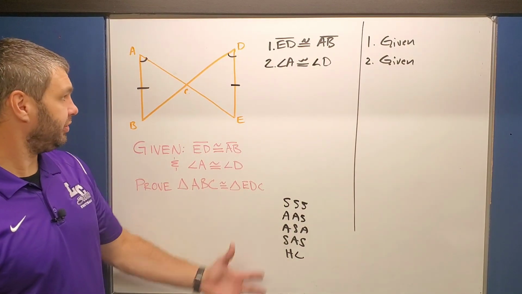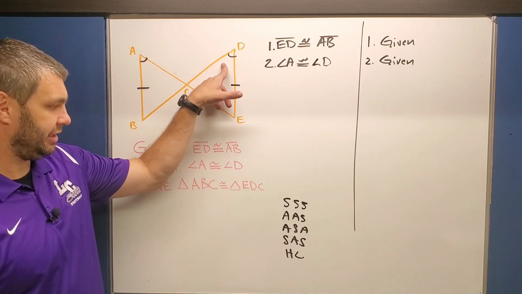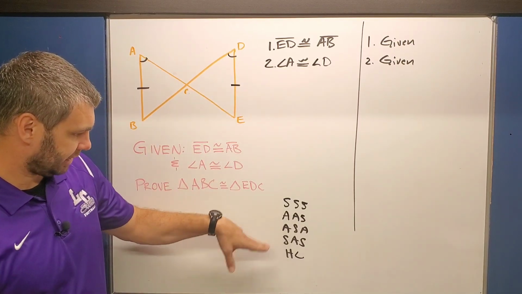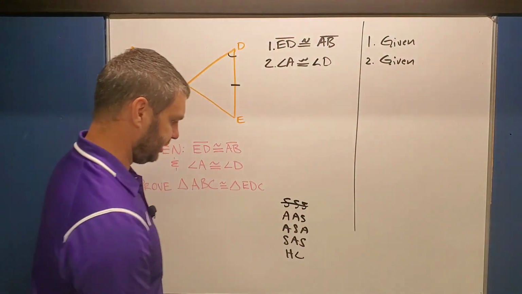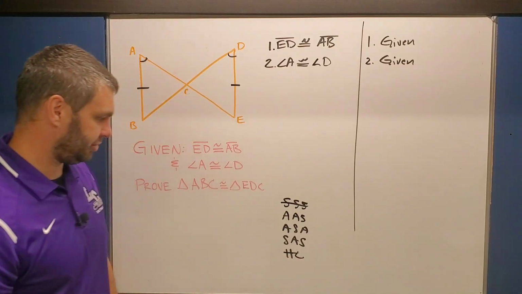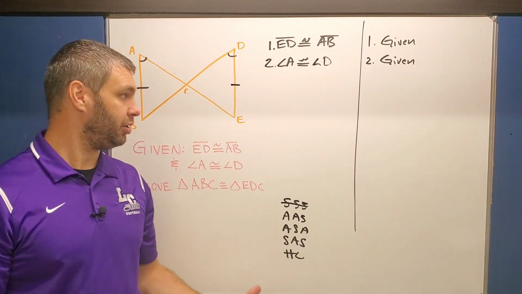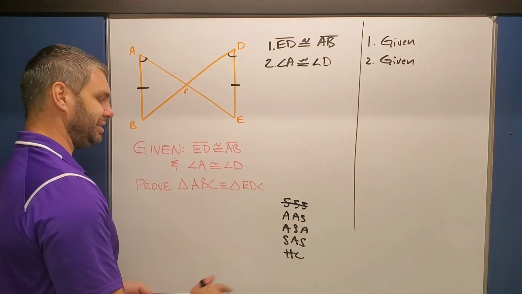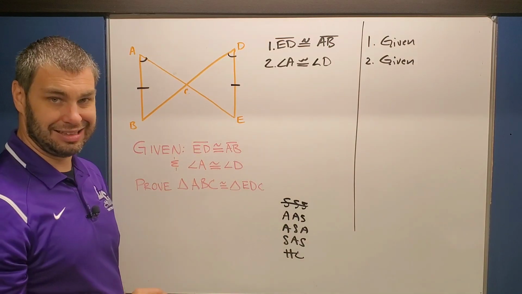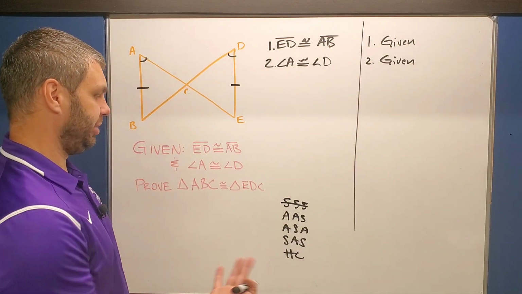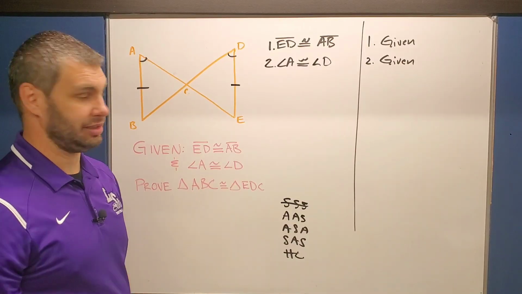And so which of these do we have? Well, we have a side and an angle, right? So I can cross out side-side-side, I can cross out hypotenuse-leg, and all the other ones have at least a side and an angle. And so I need one of those other pieces, and then I'm going to follow around in that order, and that's going to be the reason that we give that these triangles are congruent.